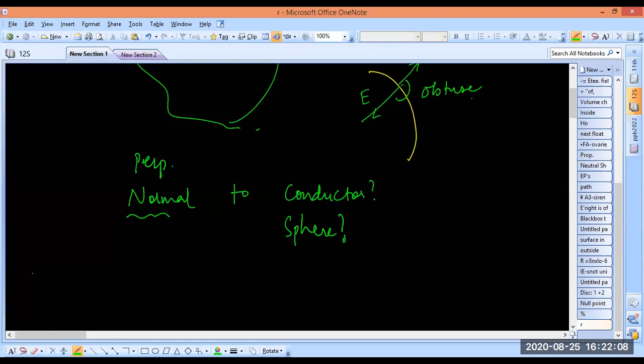Okay. The normal to conductor part, I think I'll leave it for the second chapter, right? In the second chapter, there is a detailed theory about this idea. It is possible it's given somewhere in the first chapter, but trust me, it's easier to understand in the second chapter. Okay. Force between two point charges if there is a dielectric constant.